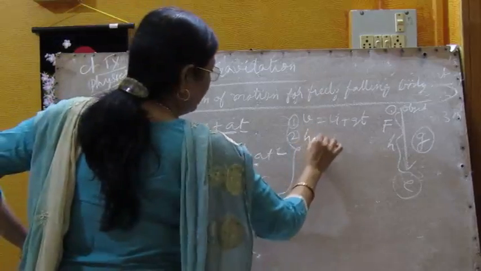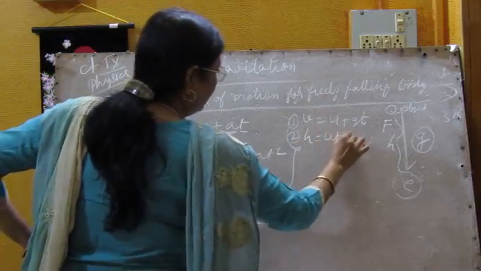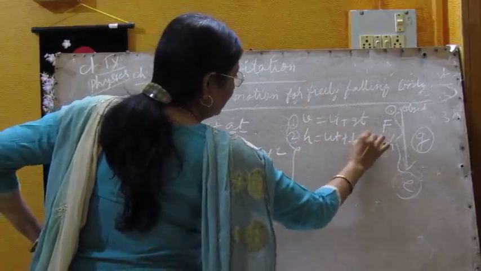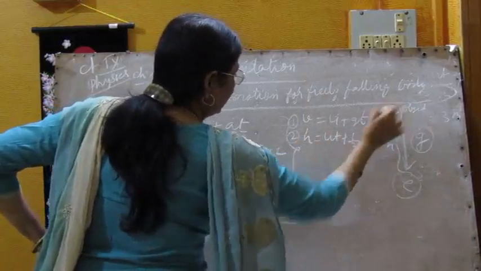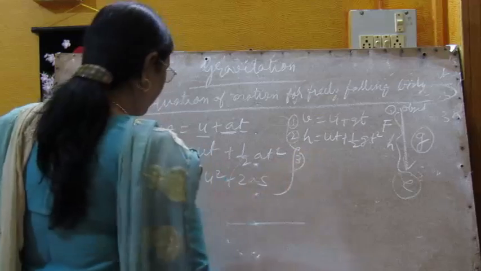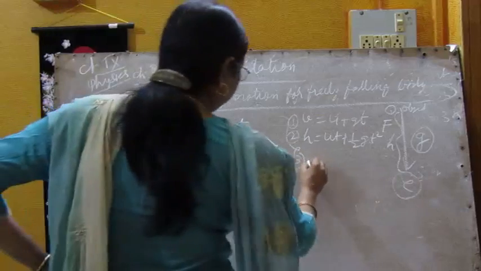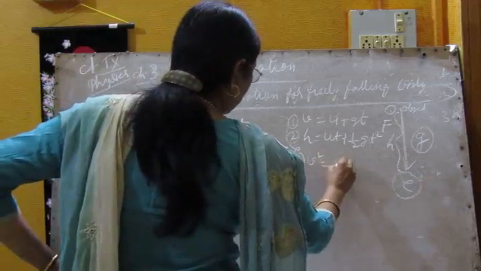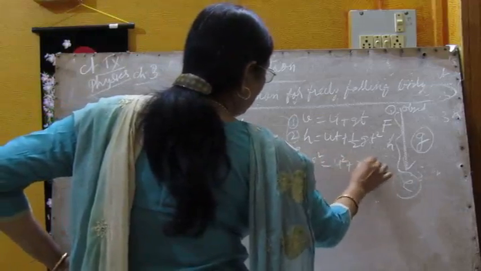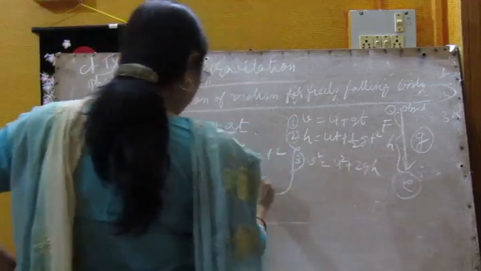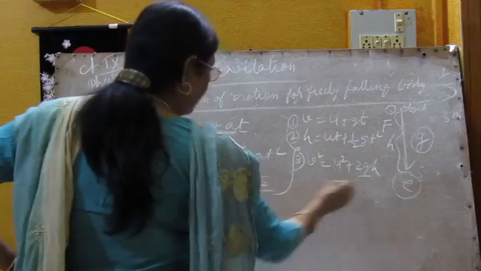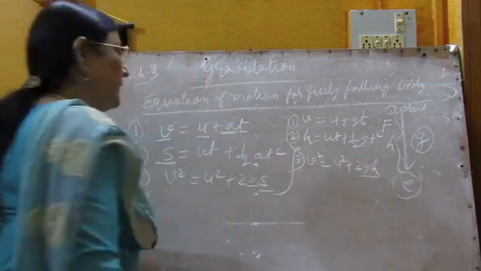Then H equals UT plus half GT square. Equation number 3: V square equals U square plus 2GH. So A will change into G, and S will change into H.